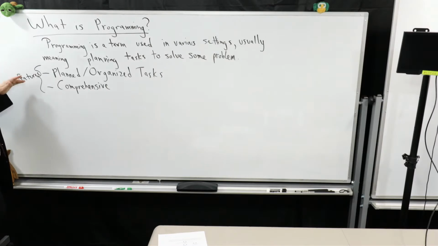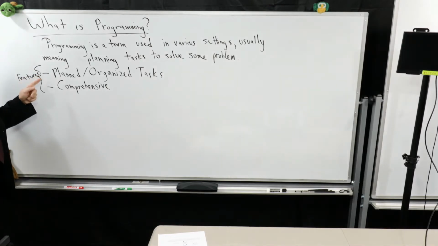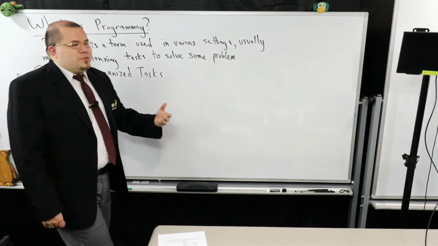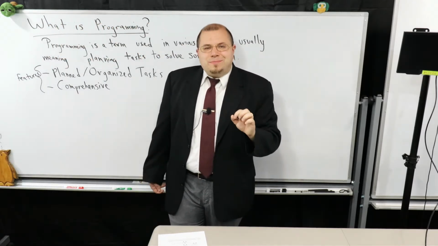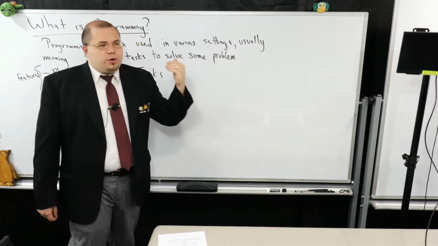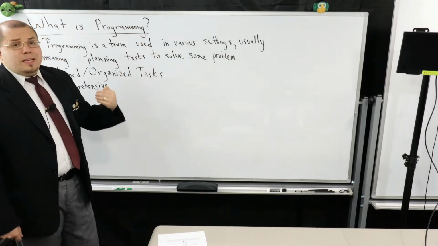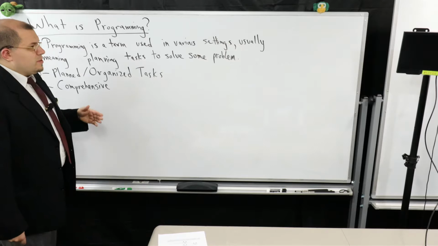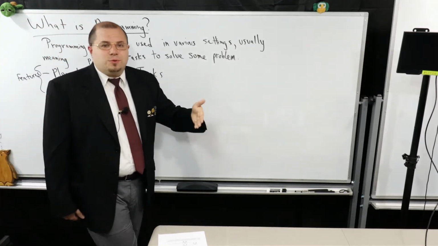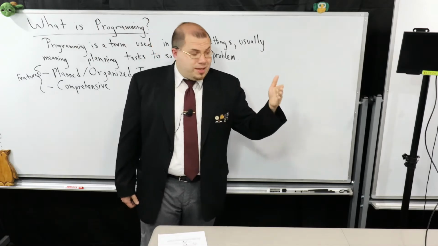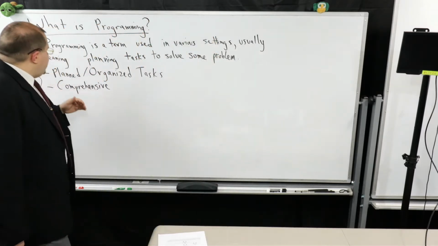One is that they're planned and organized, in the sense that in advance you have some structure of tasks that you wish to complete, and they're normally ordered by which they need to be completed. This is oftentimes given as a schedule, a list of tasks and when they have to occur, one after the other.